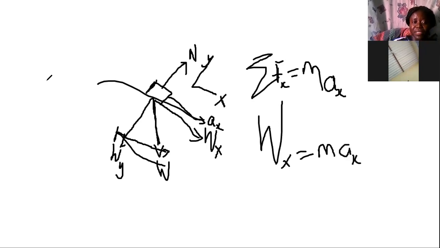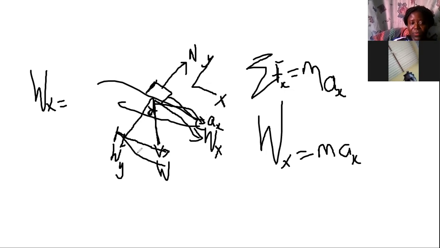What is our weight in x? Because you can see it's acting in components. So we have an angle theta, and this is still the same angle, because if we draw our surface, it will be made up with an angle theta. So this is the same angle there.